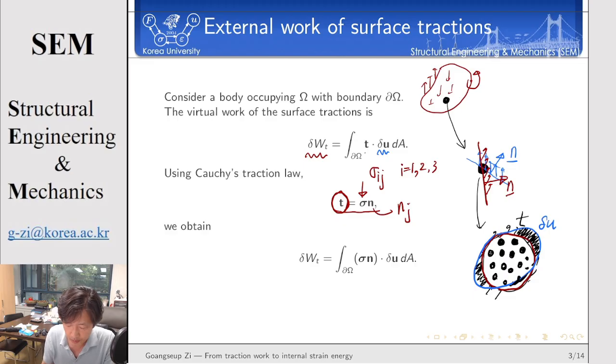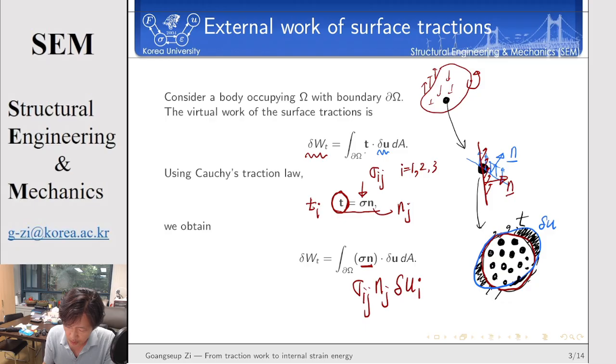This is how we represent traction. Make sure the traction is a vector here. Then the work done by traction can be written by the stress sigma_ij and the normal n_j, the dot product between the stress tensor and normal, and then delta u_i. This is the work done by traction.